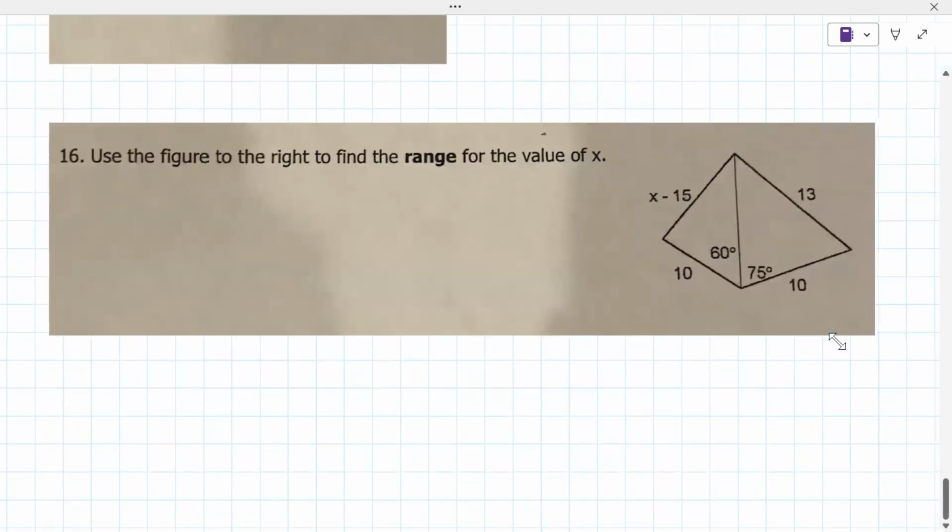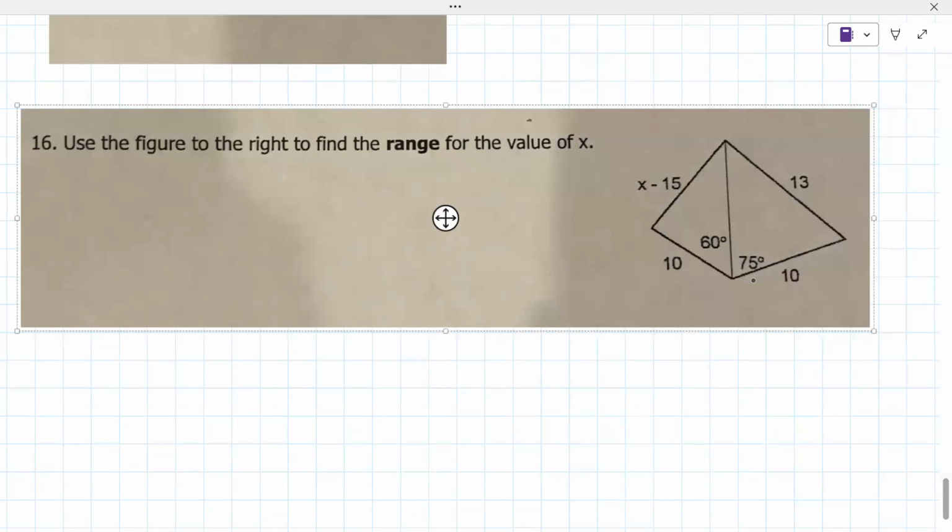So the idea here is that you're looking at the sides across from the angles. Which is bigger, the 60-degree angle or the 75-degree angle? 75. So the 13 is greater than x minus 15. Could you solve that inequality for us, please?